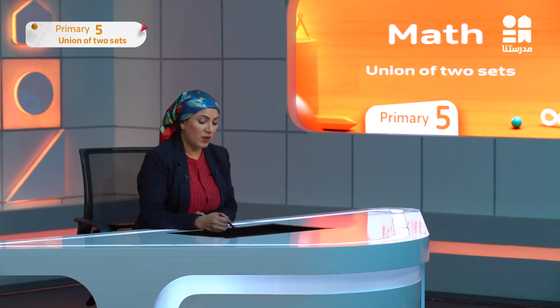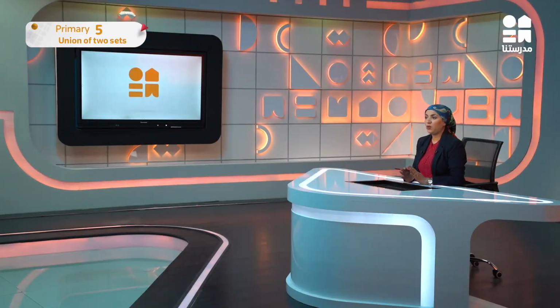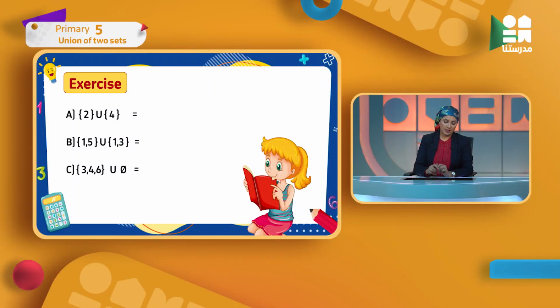Now I move to another exercise. Here, the first one, 2 union 4 is what? We agreed that union means I blast all the elements that I have. So the answer is directly the set of elements 2 and 4.